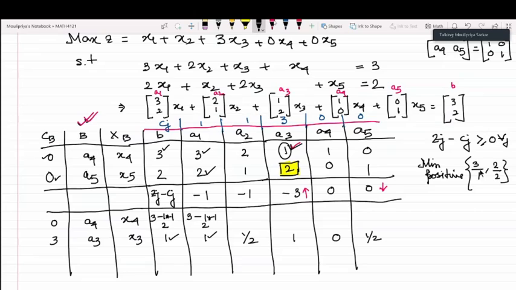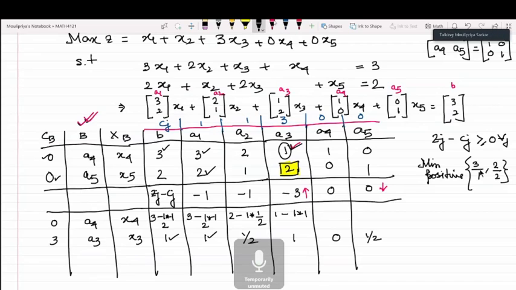How do we get the element corresponding to A2? It was initially 2 minus 1 into half. This element of A3 would be 1 minus 1 into 1. This entry would be exactly 0.